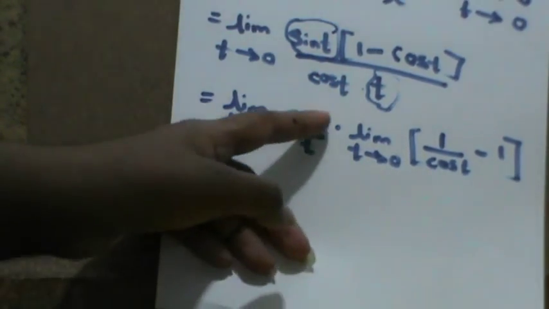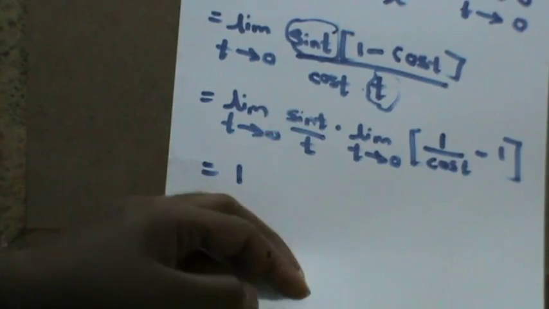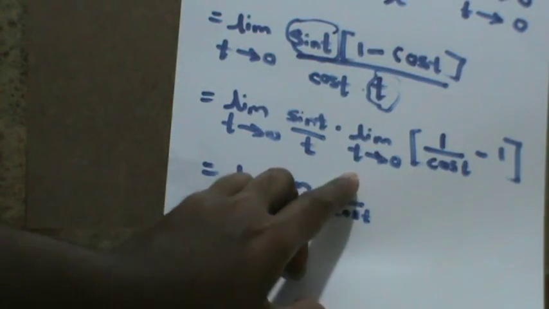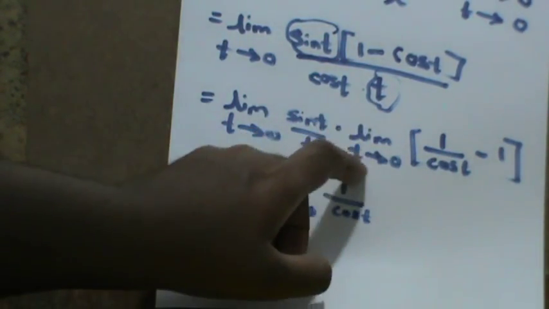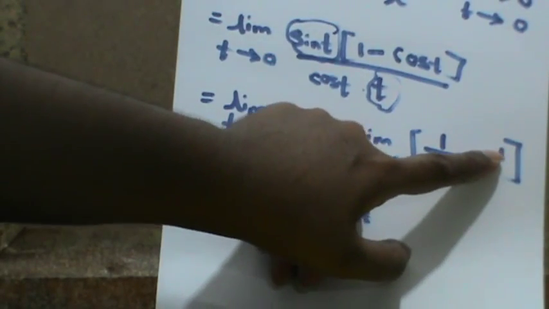Limit of sine t by t when t goes to 0 is equal to 1 times this, which is also equal to the limit of when t goes to 0, 1 upon cos t. So whether t goes to 0 or not, the limit of 1 is equal to 1.